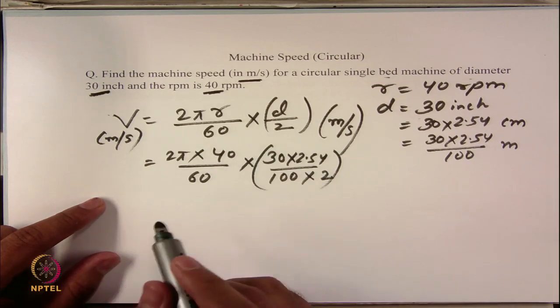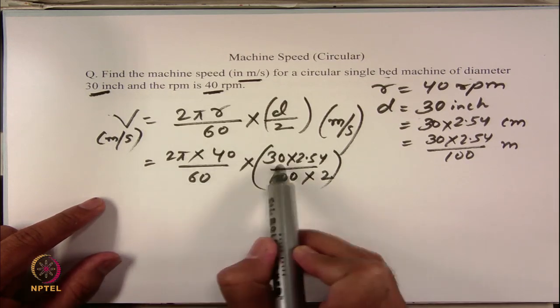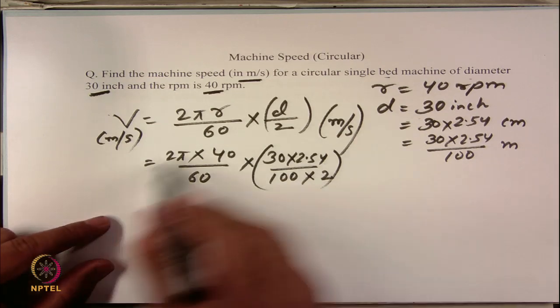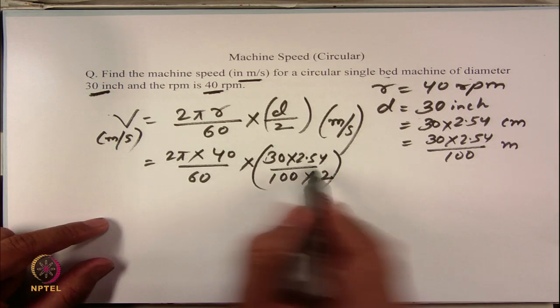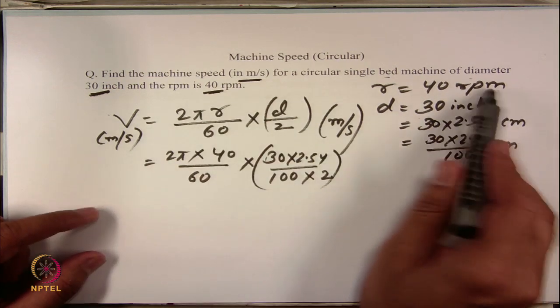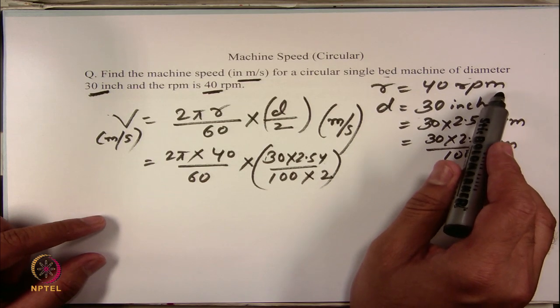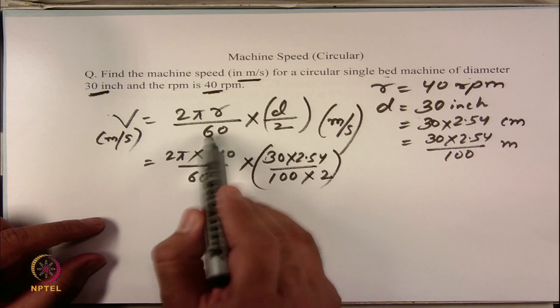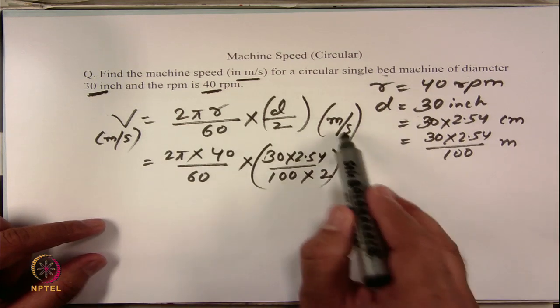Okay. So, 2 pi 40 by 60 into 30 into 2.54 by 100 into 2. If we solve it, this diameter is in meter, and r is in rotation per minute. So, we have converted minute into second, so that is why meter per second.